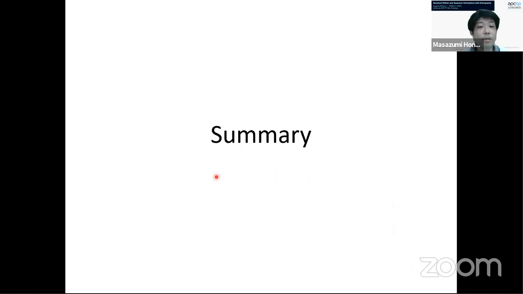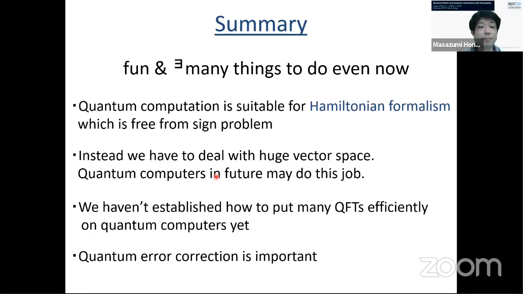Okay, so let me summarize my lecture. The most important message is that this topic is very fun and there are many things to do even now. Quantum computation is suitable for the Hamiltonian formalism, which is free from the infamous sign problem in Monte Carlo simulation.